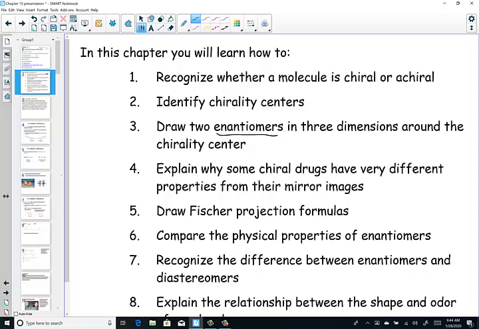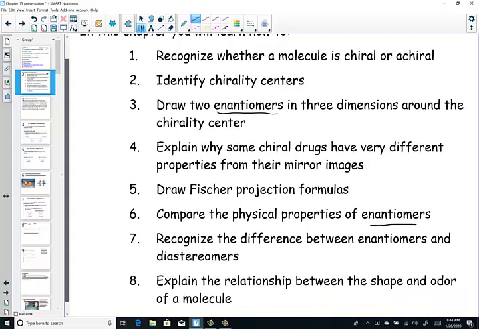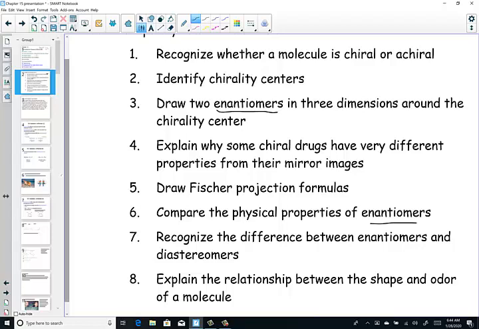We'll learn how to draw Fisher projections and compare the physical properties of enantiomers, those non-superimposable mirror images of molecules that are chiral. We'll learn the difference between enantiomers and diastereomers, and we'll be able to explain the relationship between shape and odor of a molecule, going back to that sense of smell.